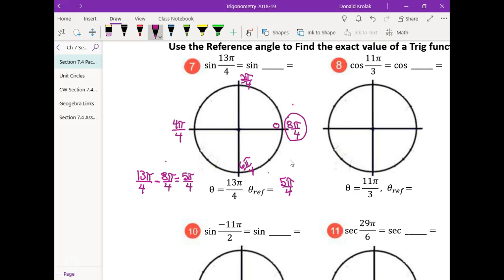All right, so Julian, what quadrant would 5 pi over 4 be on this chart, on my circle? Yep. So I'm going to draw my terminal side in quadrant 3, at 5 pi over 4, and shade in my reference angle.